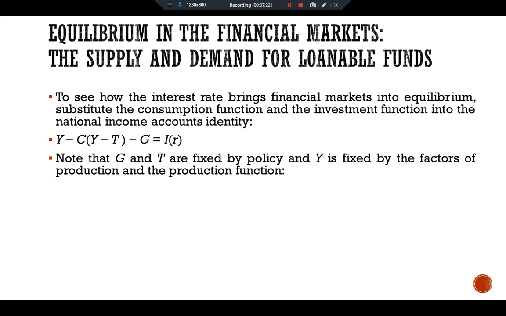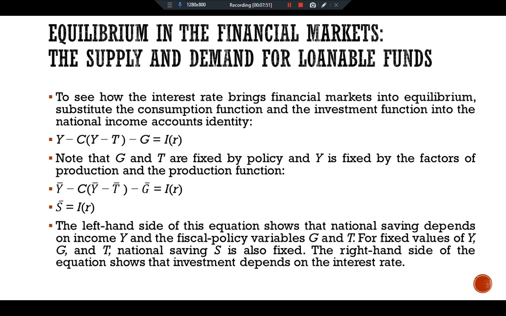Note that G and T are fixed by policy, and Y is fixed by the factors of production and the production function. So we get Y' − C(Y' − T') − G' = I(r). So S' = I(r).